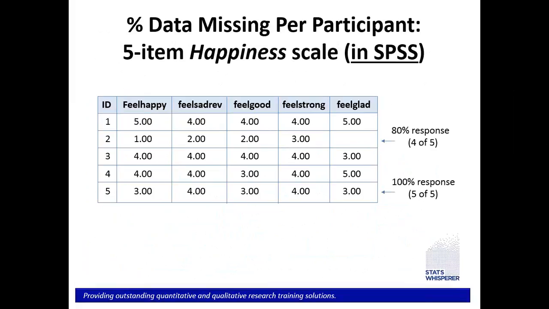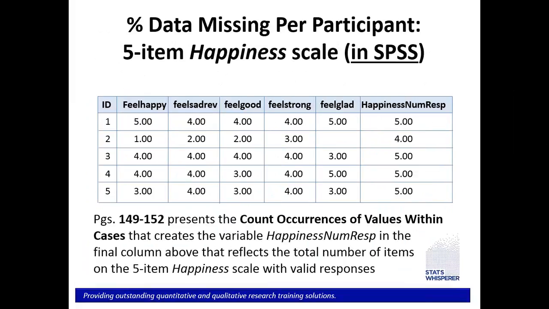Now, it's not very practical just to look up and down the 5-item happiness scale, right? So we need another method to identify the number and percentage of valid responses given. So on pages 149 through 152, you'll see there is a procedure in the textbook. There's a procedure called count occurrences of values within cases.